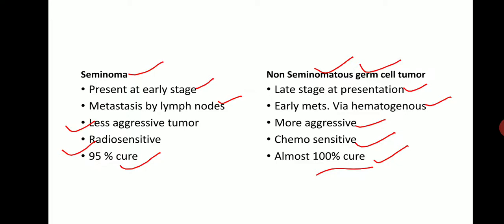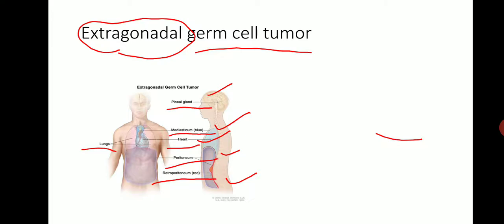The treatment, chemoresponsiveness, and radiosensitivity are different, although cure rates are similar. Seminomas can occur outside the gonad. They are known as extragonadal germ cell tumor. The common sites being pineal gland, mediastinum, heart, peritoneum, retroperitoneum, and lungs. That's all, folks. Thank you very much for listening.